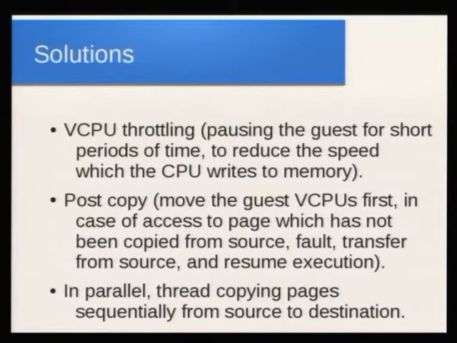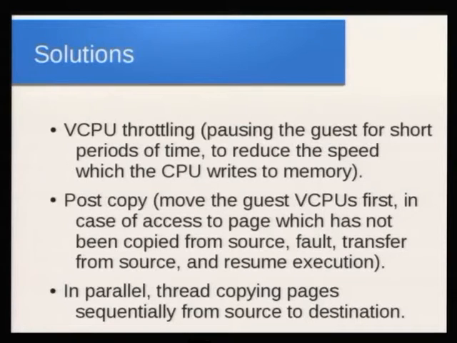There are two solutions in place for this. One of them is vCPU throttling, where the guest is paused for short periods of time to reduce the speed at which the CPU is able to write to memory. And then there's post-copy, where the guest vCPU is moved to the destination host, and the pages which have not been copied are copied by a thread.